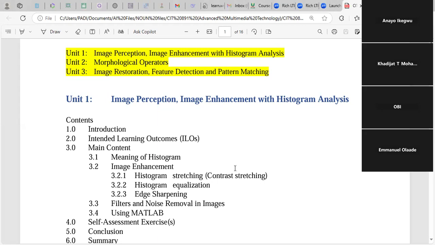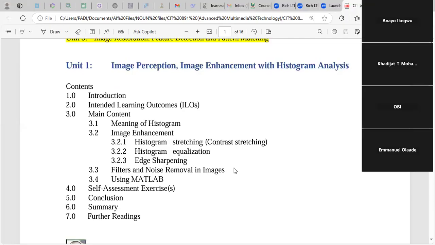Under this, we expect you to know what a histogram is. It is a chart or pictorial representation of information. Under pictorial representation of information, we have different charts: histogram charts, pie charts, line charts, scatter charts, and the rest of them.